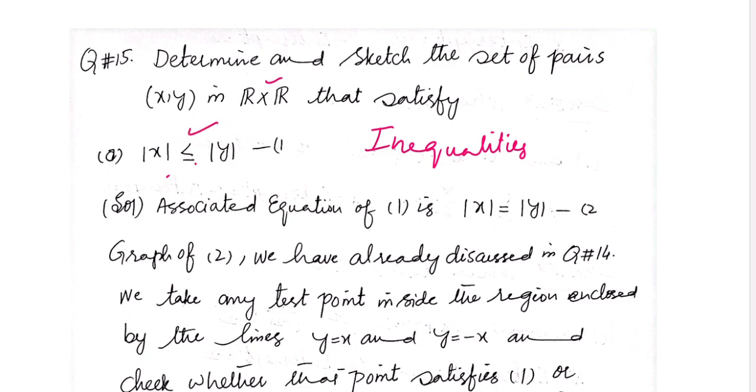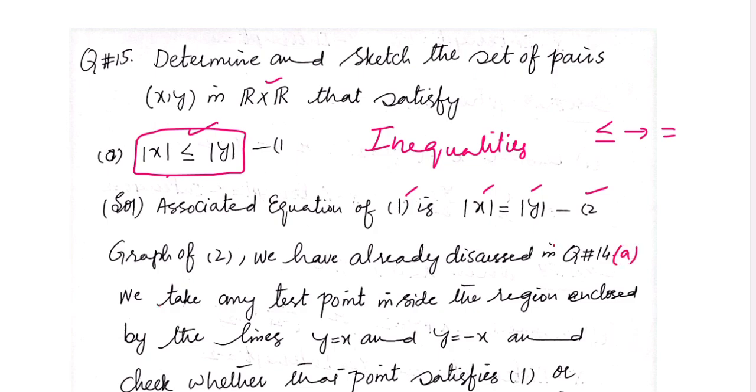To draw the graph of this inequality, firstly I will find the associated equation. The associated equation of 1 can simply be obtained by replacing the less than or equal to sign with an equal sign. So this becomes absolute x equal to absolute y. Say this is my equation number 2. The graph of 2 we have already discussed in question number 14a part.